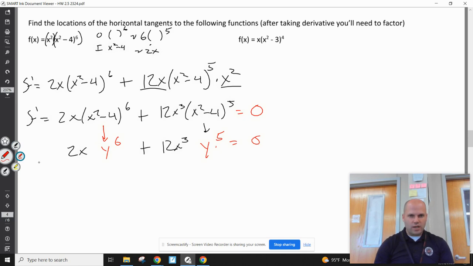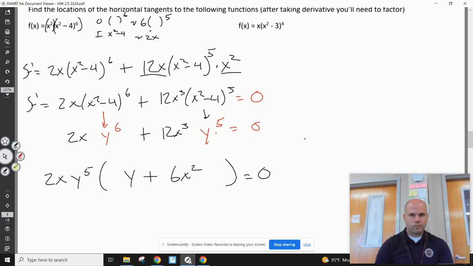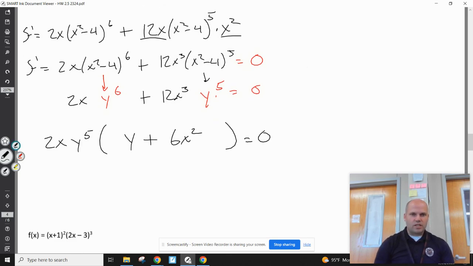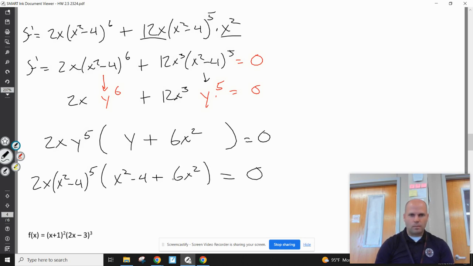If I showed you this, I bet you could see that you can factor out a 2x and 5y's, leaving you with 1y and then 6x squared. Cool. The reason why we do this is because we can re-replace the y with what it's equal to. And notice that we now have our factored form.